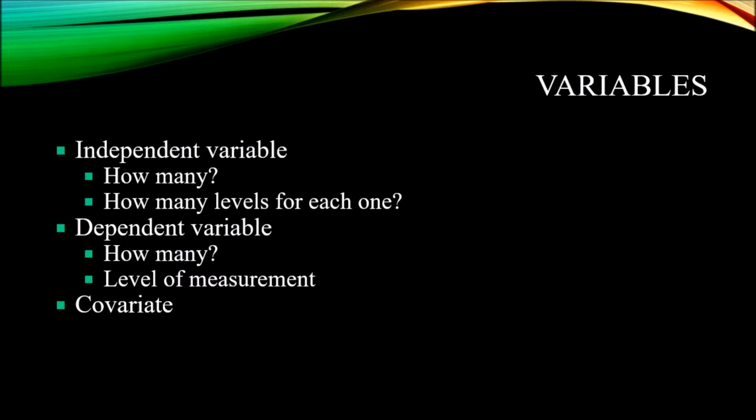For example, if you have a number of groups for your independent variable, say 4 groups, you may want to see if one or more of those groups stands out in terms of how it's measured on the dependent variable. And at the same time, there could be another variable, measured at the continuous level of measurement, that predicts the dependent variable. It has an association with the dependent variable, and you want to control for the effect of that covariate, that continuous variable, so that you're only seeing the effect that the independent variable has.